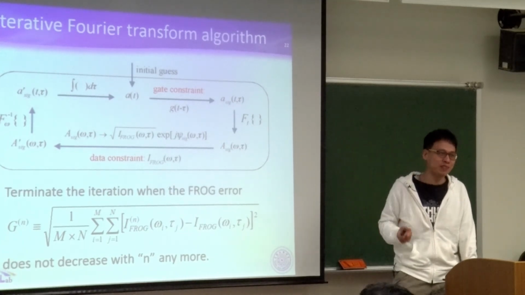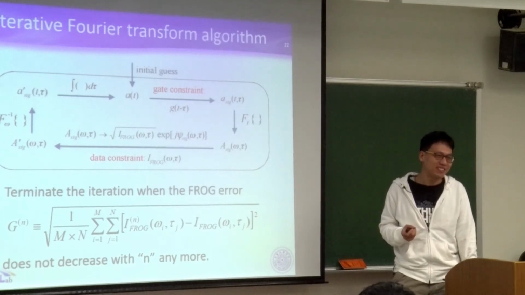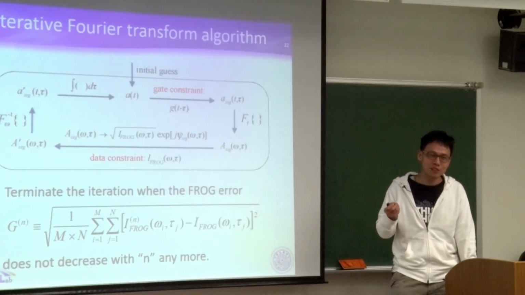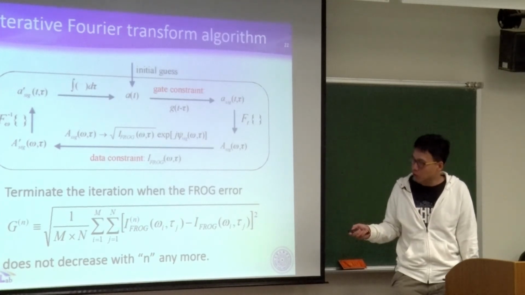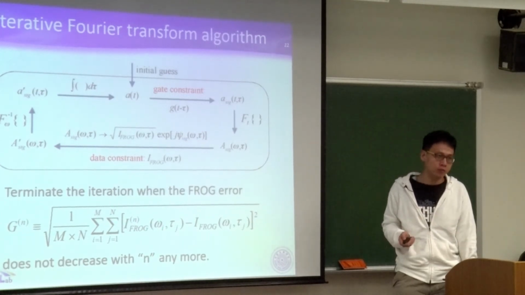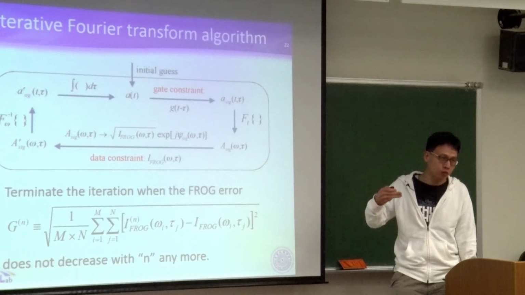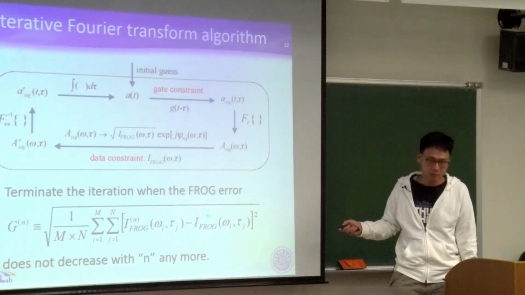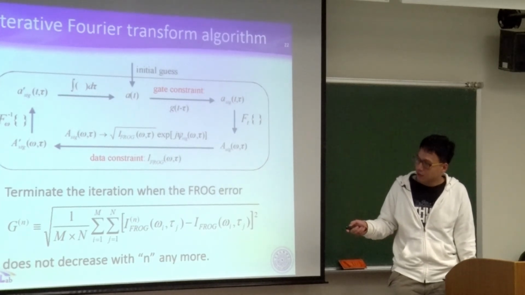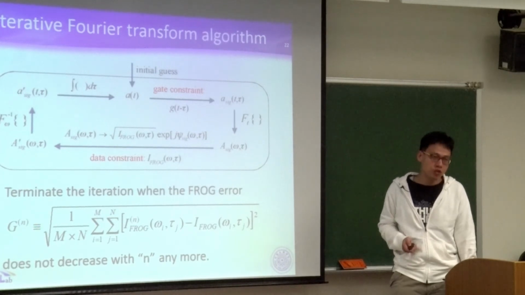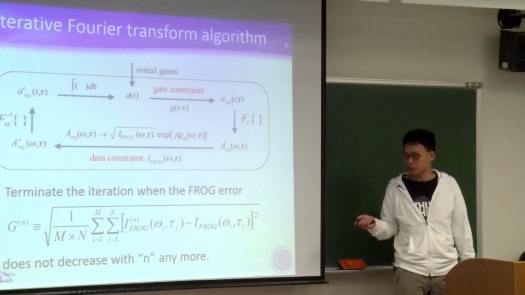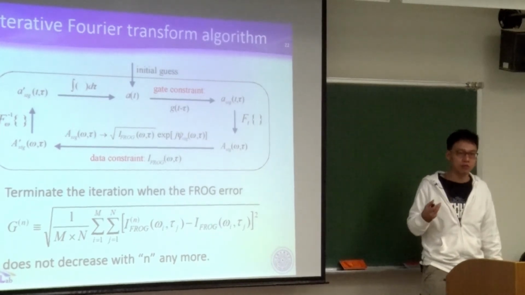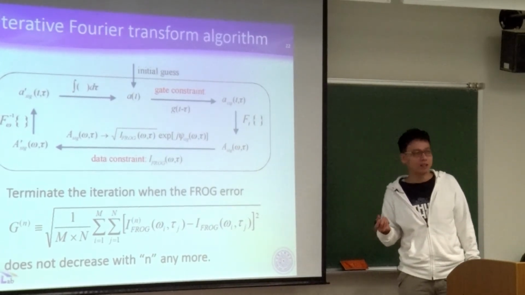You get a big number. And it's unfair, right? It's only the shape that matters. So you have to normalize your calculated FROG trace, for example, to unit peak, same as this one. Then the G number would be a fair evaluation of the difference between calculated and measured FROG traces. That is the point.